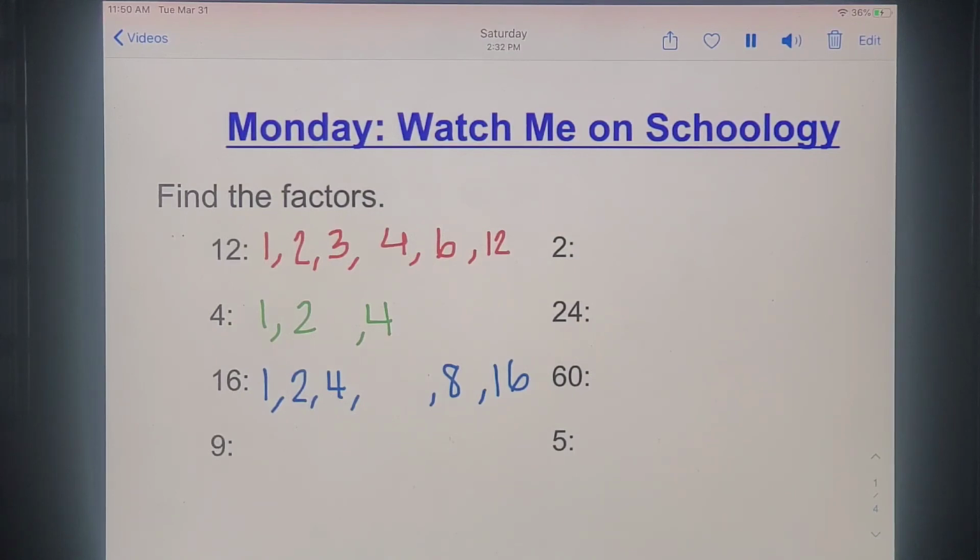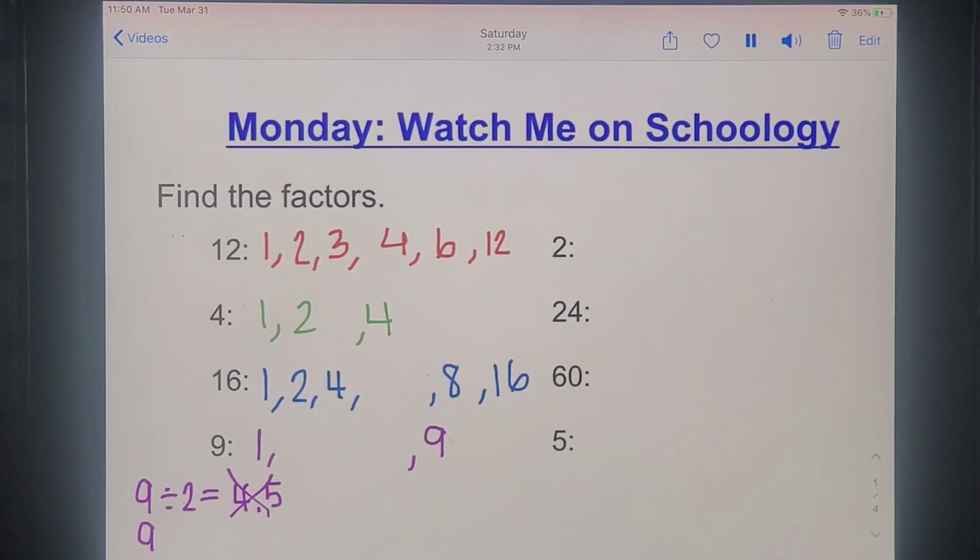Okay. Next, let's do the factors of 9. We start with 1 and 9. Next, we can try, in our calculator, 9 divided by 2. This gives us 4.5. So that one is not good.